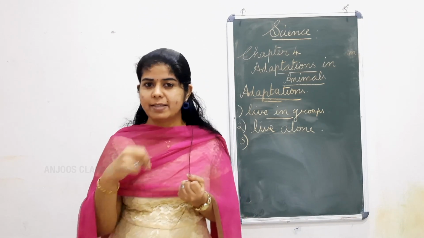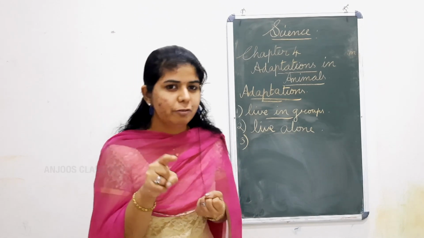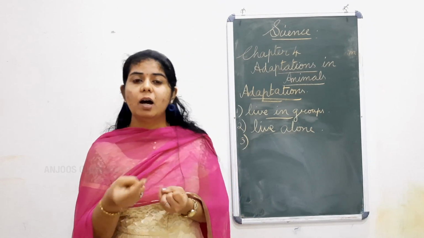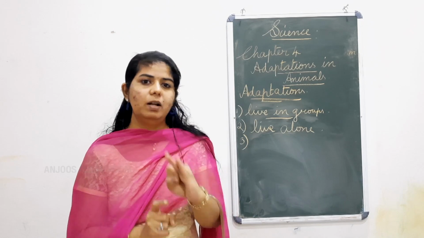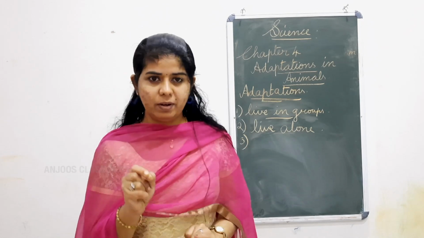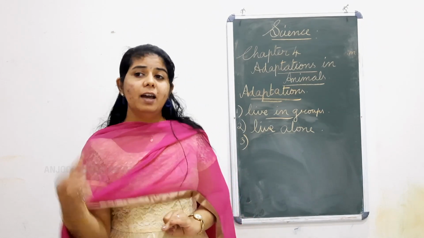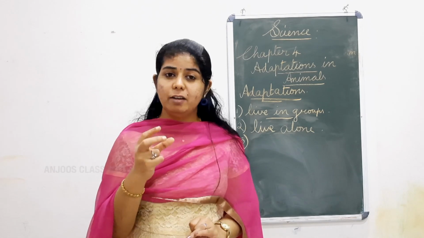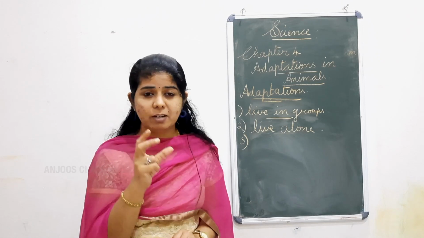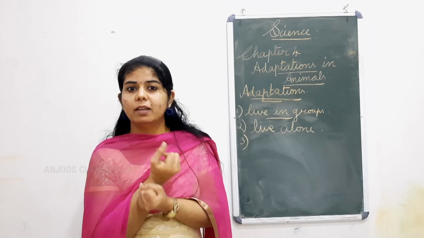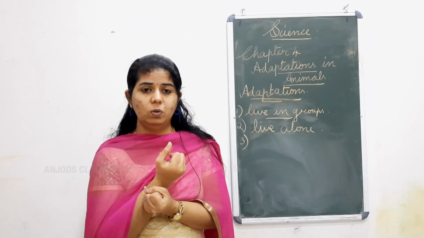Find out some more examples for them. So that is your work for today. Find out, other than the polar bear, two more animals which live in the cold regions, and identify the feature. The body feature is also different. They have special features to protect themselves from the cold.